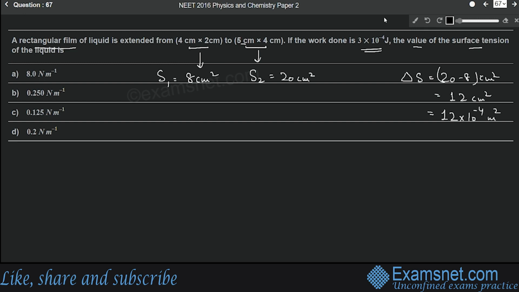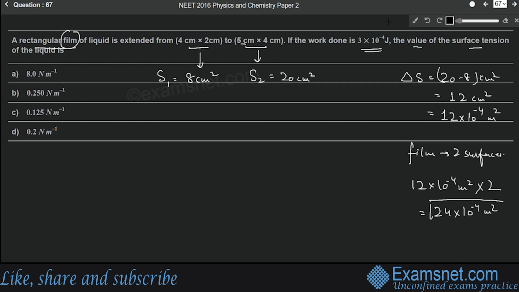Okay, but this is a rectangular film and we know that a film has two surfaces. So the change in surface area will be 12 into 10 to the power minus 4 meter square into 2. Okay, so it will be 24 into 10 to the power minus 4 meter square. This is the change in surface area for the rectangular film.